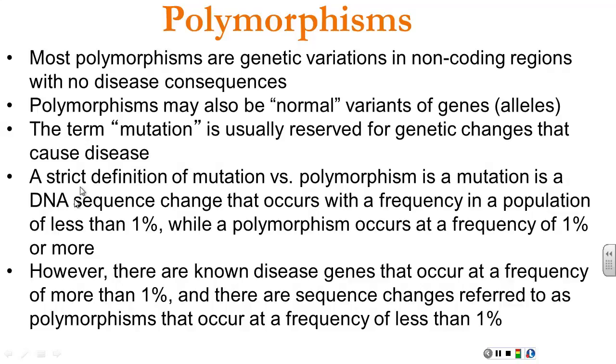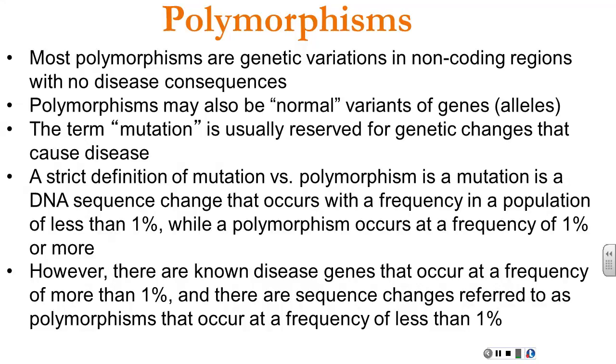But here's the issue. We have known disease genes that occur at a frequency of more than 1%. We looked at cystic fibrosis in Caucasians. You certainly see that the sickle cell mutation can definitely be at a higher percentage than 1%, especially in certain populations.